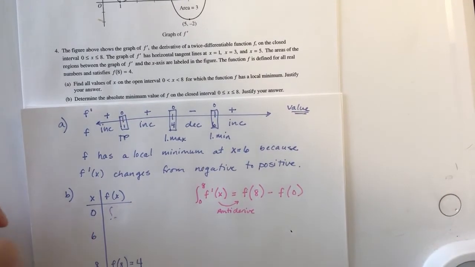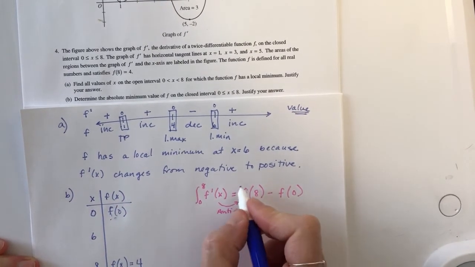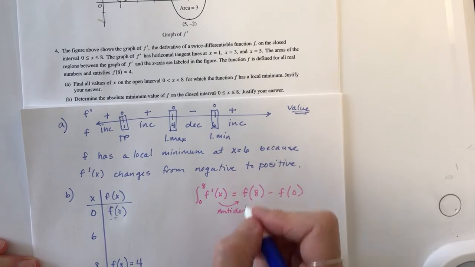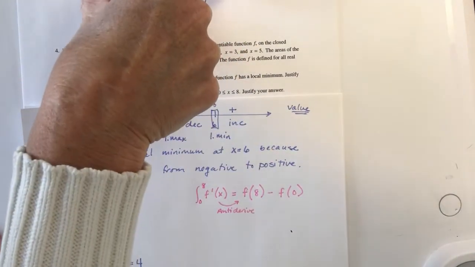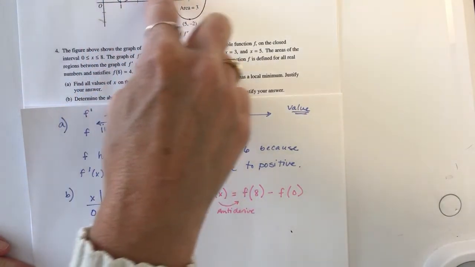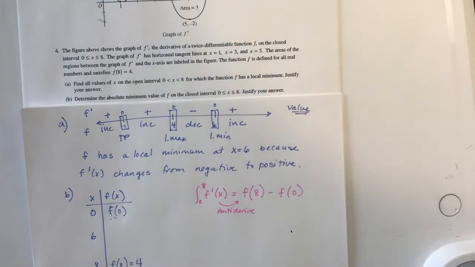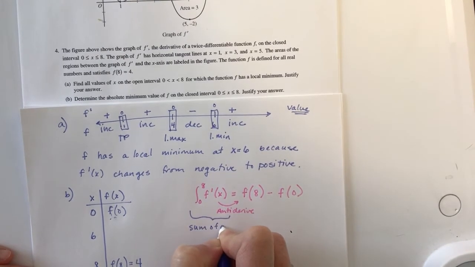That's what we want to know. So that's what we're searching for. And we know f of 8 is 4, so we can plug that in. And then this, we're going to figure this out. This from 0 to 8 is just the sum of all the areas, right? So this is the sum of areas in the graph.